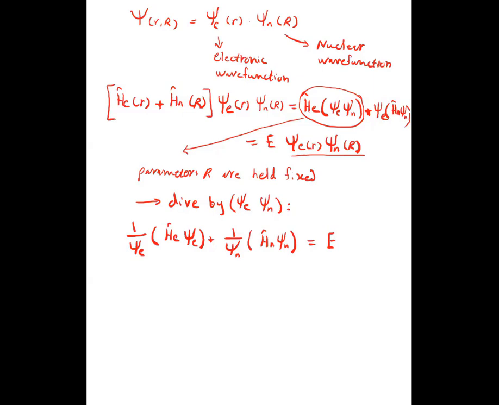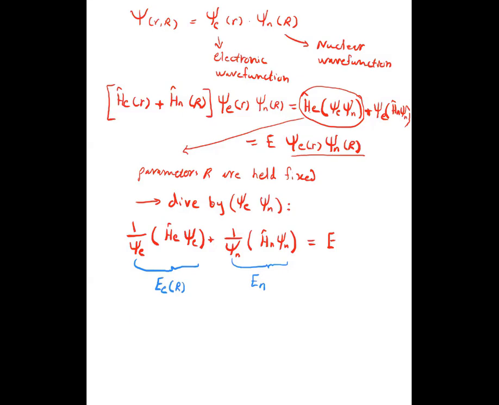This term represents the electronic energy in terms of the R coordinate, and the second term represents the nuclear energy. So simply we can separate these into two equations.